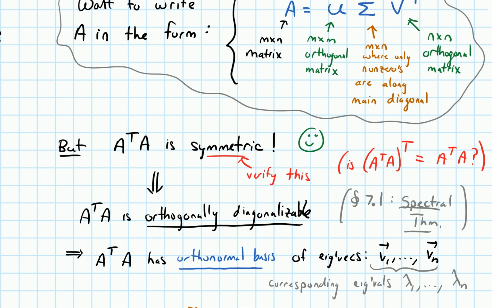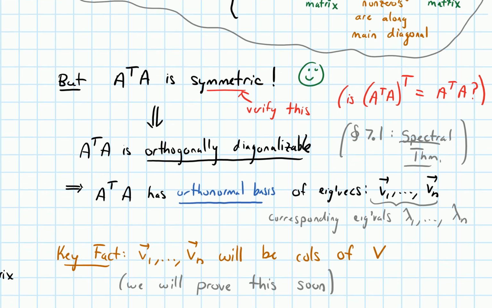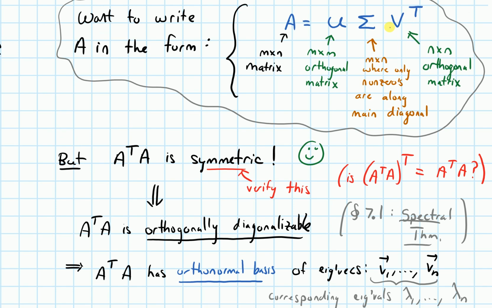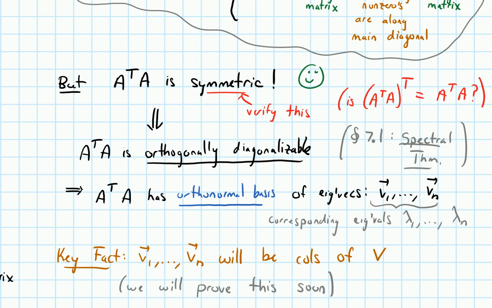All right. One of the reasons this is going to be useful to us is that these eigenvectors, V1 up to Vn, are going to be the columns of the matrix V in our singular value decomposition. That is a key fact, and we will prove this soon.